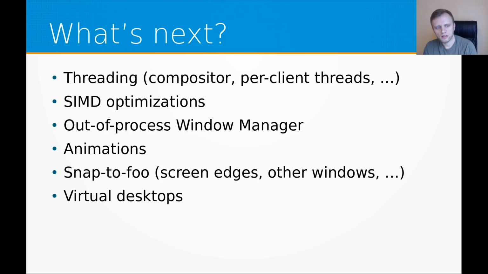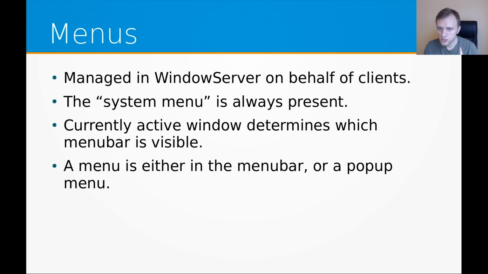So I think that was basically, oh, no, I forgot. Menus, right, menus. Wow, I thought I was at the end there. Menus are managed in the Windows server on behalf of clients. Every client process can send over a whole bunch of menus to the Windows server.